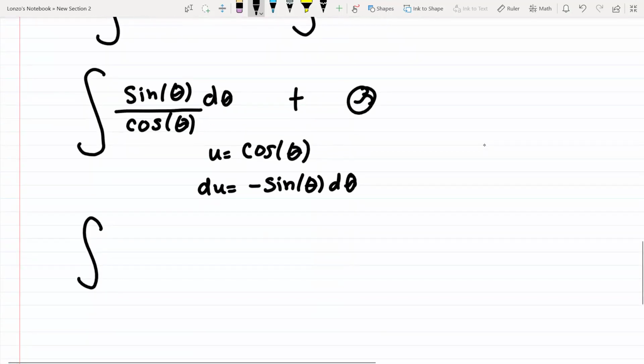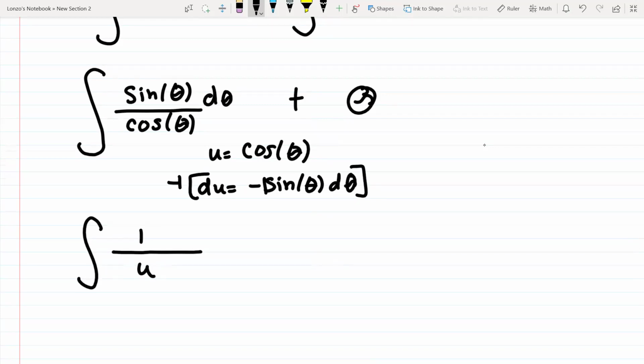So it'll be 1 over u, and then the thing is, we have to get rid of this negative 1 because we have only a sine theta d theta. So to get rid of this negative 1, we're going to multiply both sides by negative 1. So this is negative du, and then this is sin theta d theta.